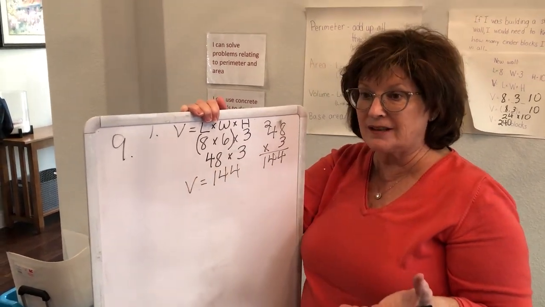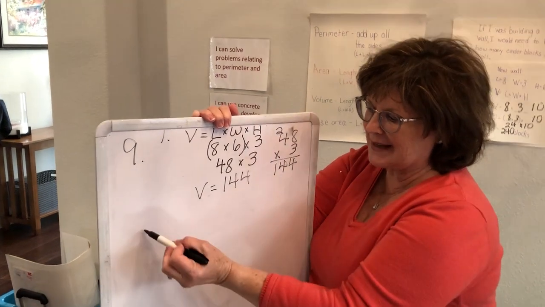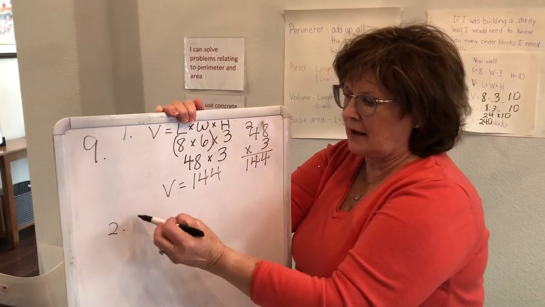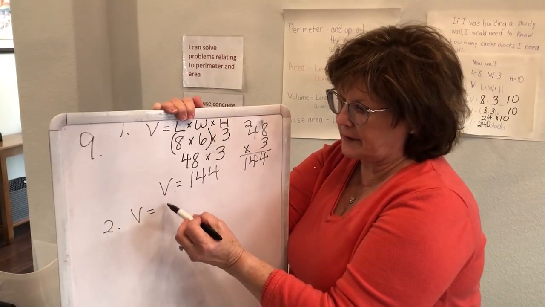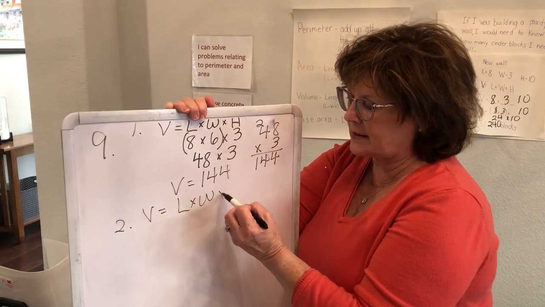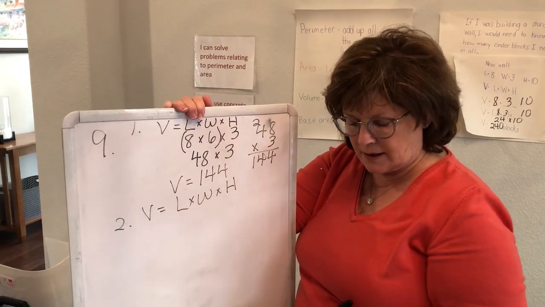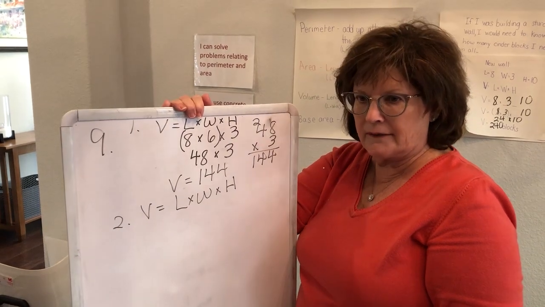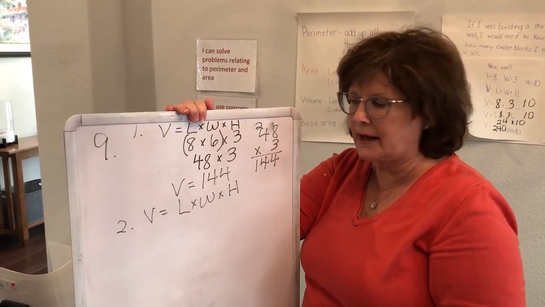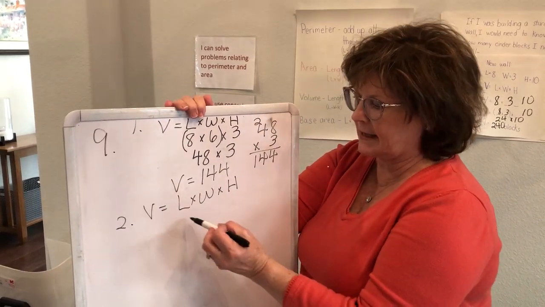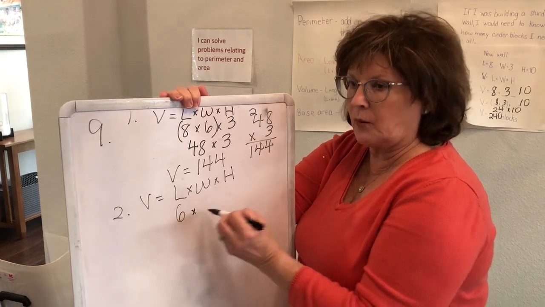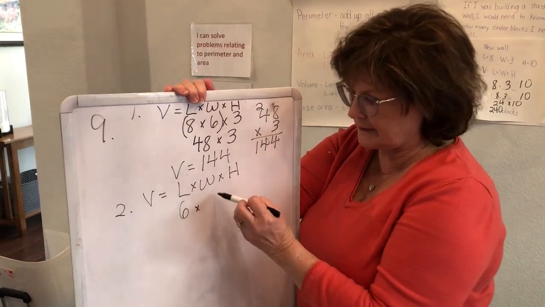Are we finished? No, we're not, because now we need to find the volume of our second prism. Length times width times height. So what is the length of the second one, Micah? The length is 6, very good. And the width, Blaze, is 5.